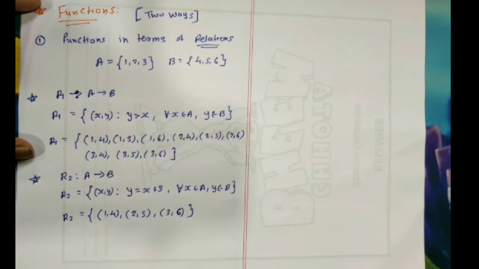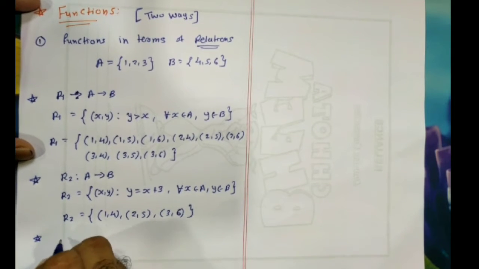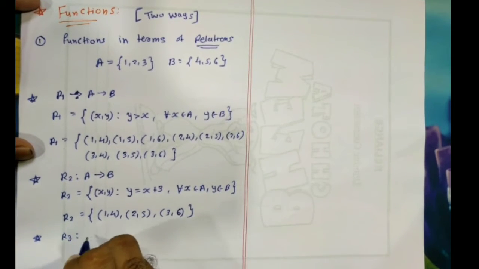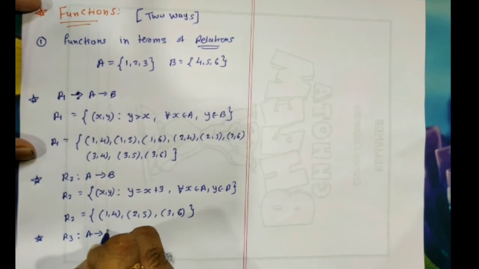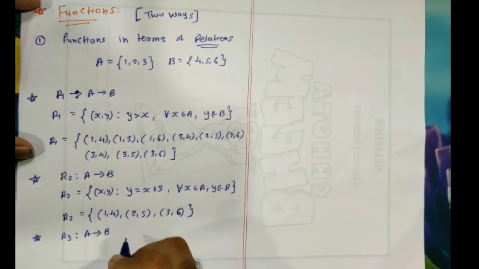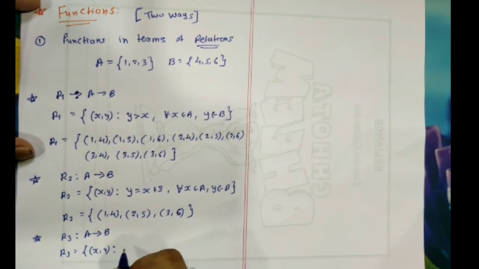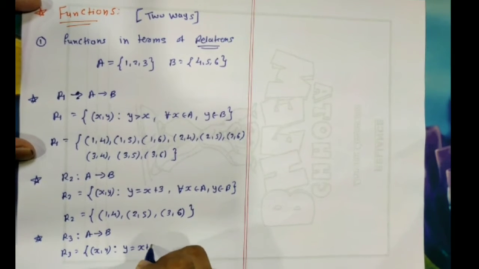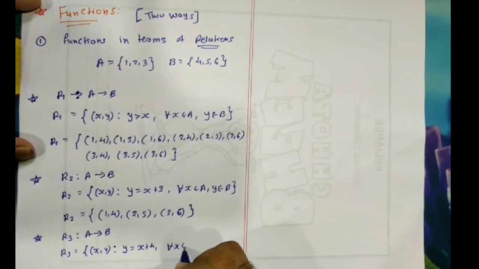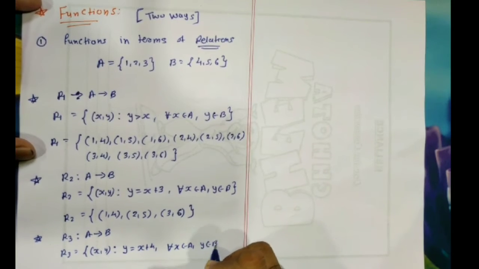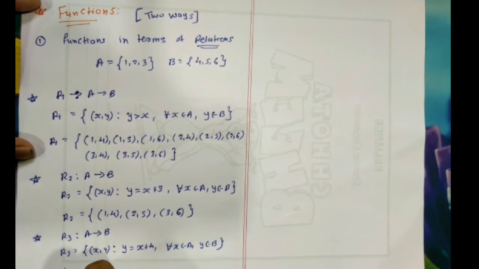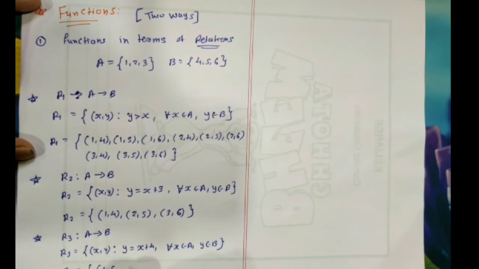Then we defined relation R3, from set A to set B. The description is: ordered pairs (x, y) such that y equals x plus 4, where every x belongs to set A and y belongs to set B. All possible ordered pairs of relation R3 were (1,5) and (1,6).